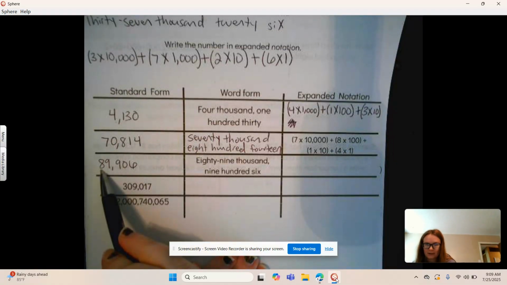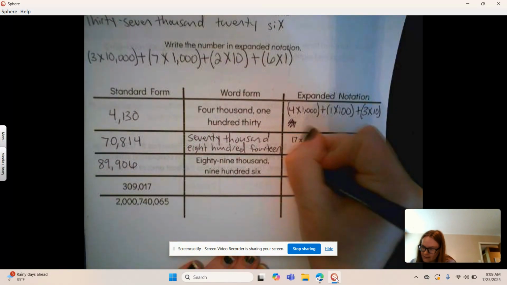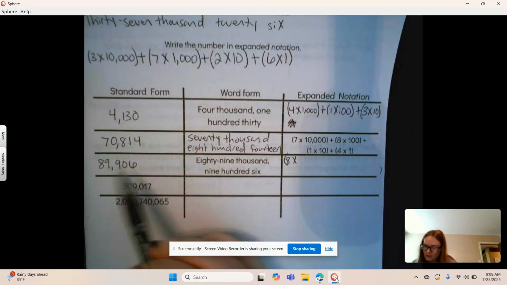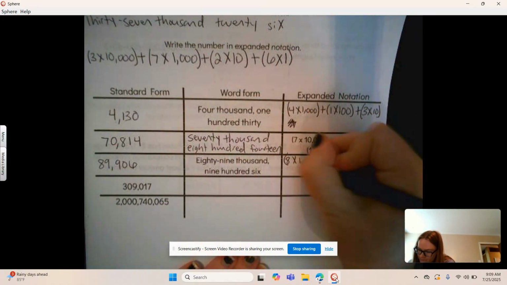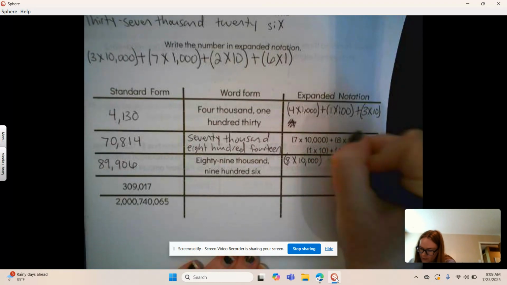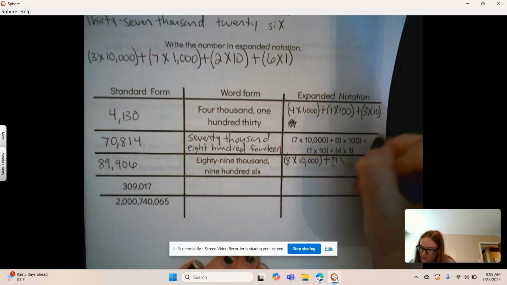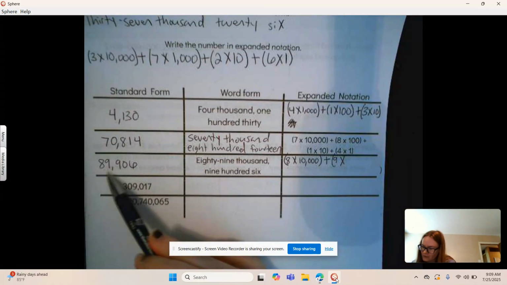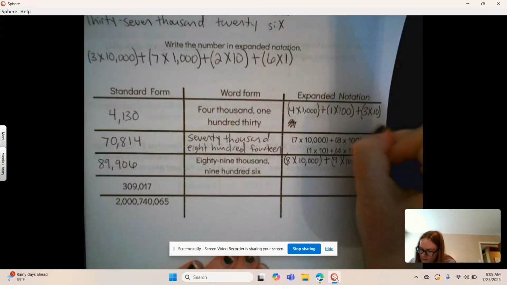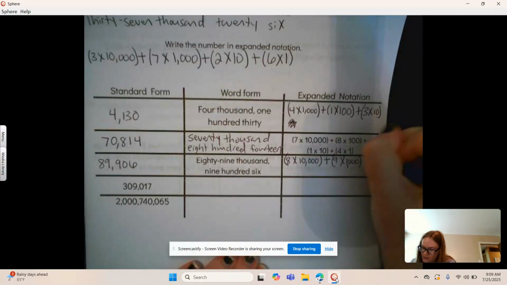How would we do this in expanded notation? What's our first digit? 8. So we have 8 times, what's the place value? 10,000. Plus, what's our next digit? 9 times, what's the place value? Thousands. Plus, what's our next digit?